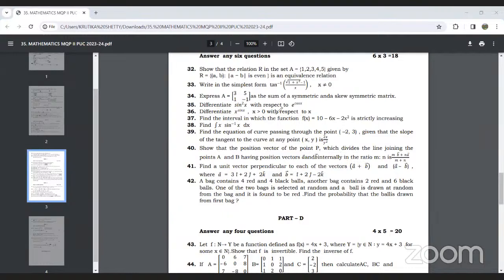So see, the slope of the tangent is equal to 2x upon y square. So we will discuss it. Pay attention.